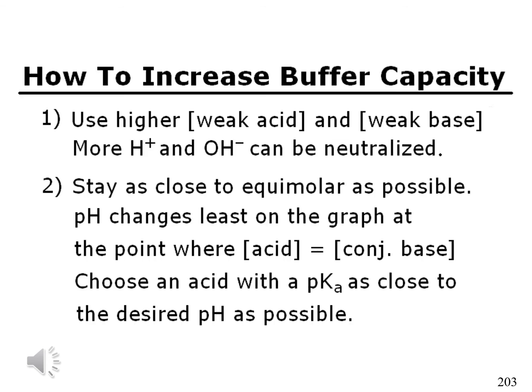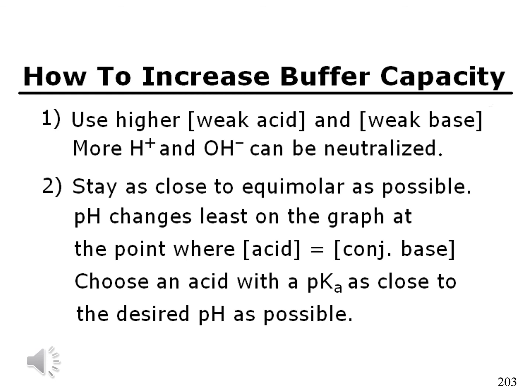So in order to make the buffer the best you can, you want to pick an acid that has a pKa as close to the pH you want as possible. In other words, if you want a pH 9 buffer and you have two acids that you could use, one is 9.2 pKa and the other one is 9.8, other things being equal, you're going to pick the one with 9.2 because your buffer is going to be closer to equimolar.